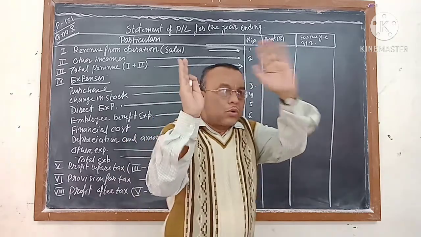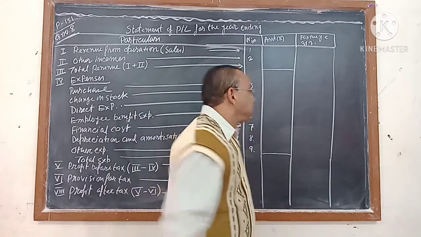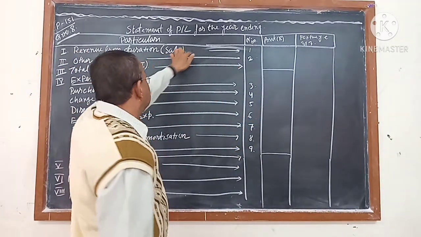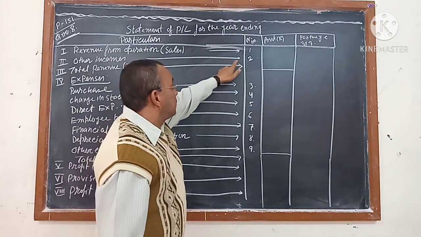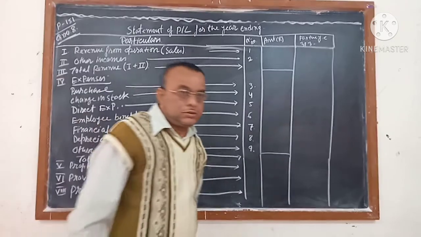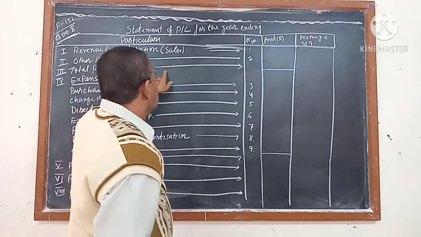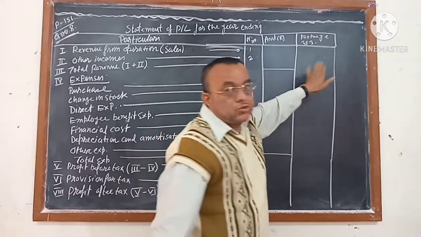If you add these two, you will get total income. Revenue from operations is the trading account credit side, and other income is the profit and loss account credit side. So total income is 1 plus 2, whatever it comes to, and that you write as total income.